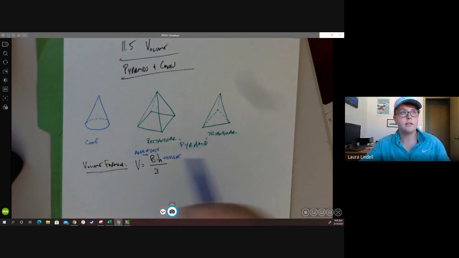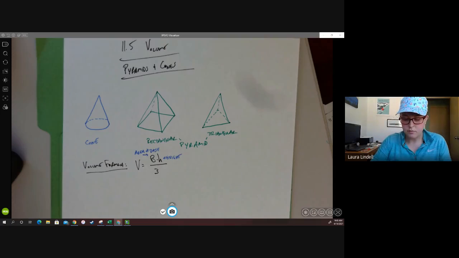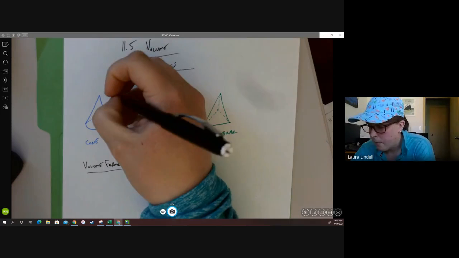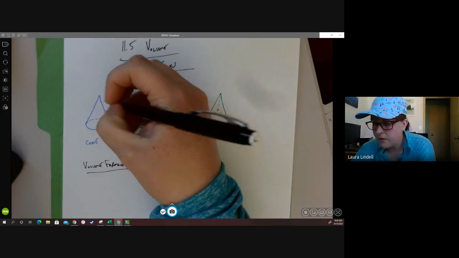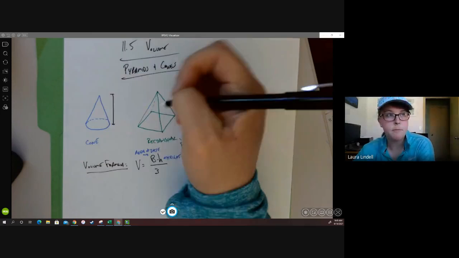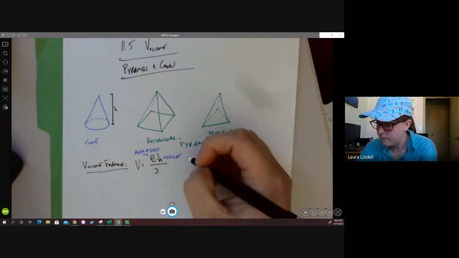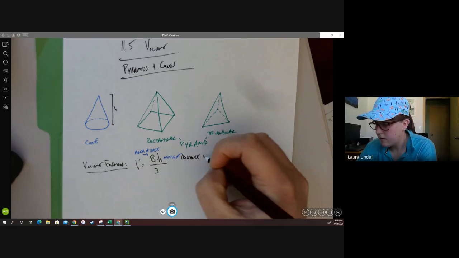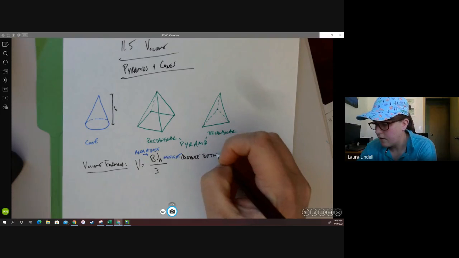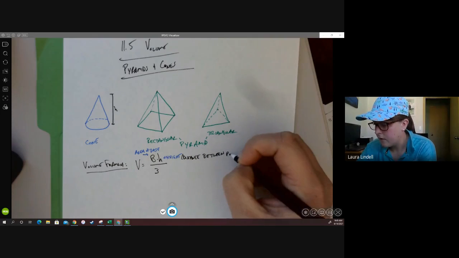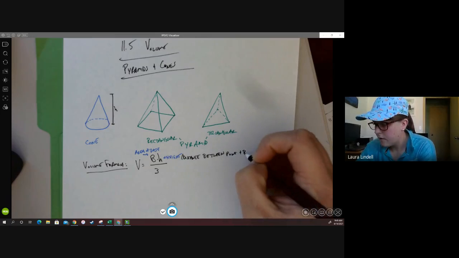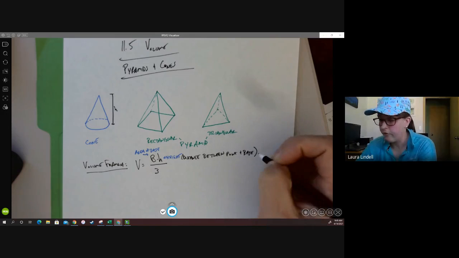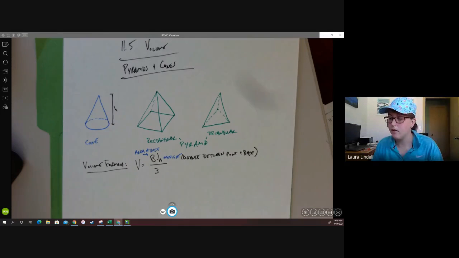And when we're looking at these different pyramids and cones, the height is going to be the distance between the point and the base, or the vertex and the base.